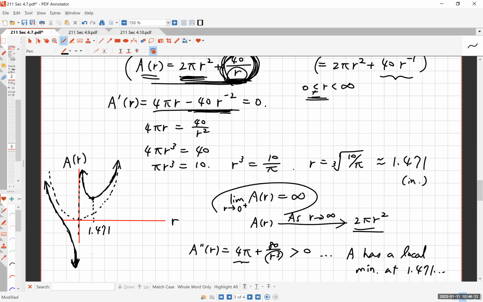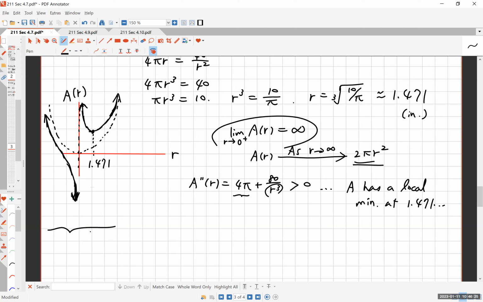So the whole function A of r, if it's defined over all reals except 0, the graph is going to look like this thing here. But again, we are only focused on r being positive. So you could say in that domain, A has a local minimum and an absolute minimum at 1.47.